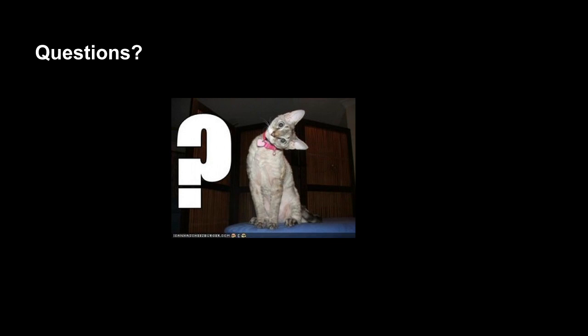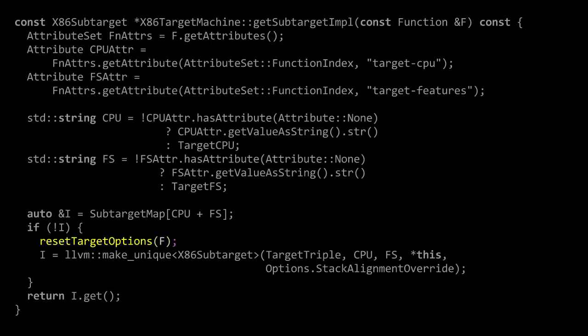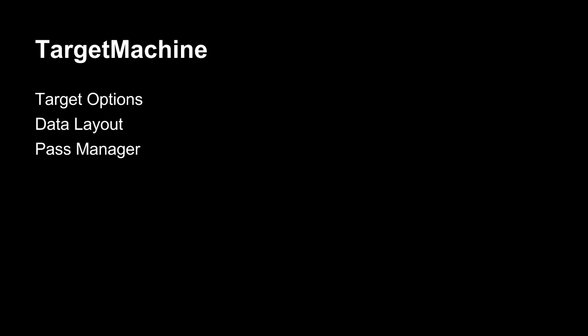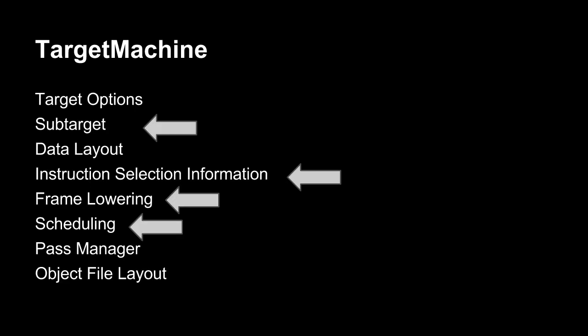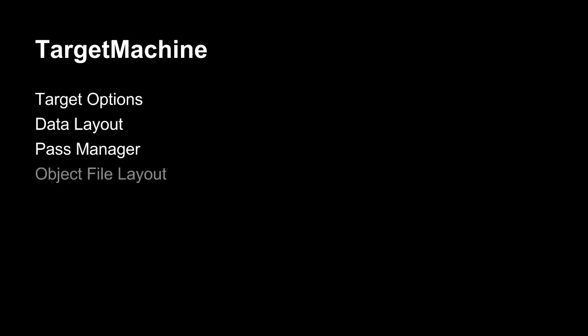Just going back to one of your earlier slides, when you listed out the attributes that were still part of the target machine. Yep. So I fixed your target, by the way. Okay, so my question is, I see there's data layout and pass manager on there.